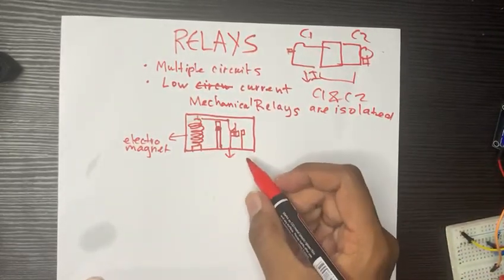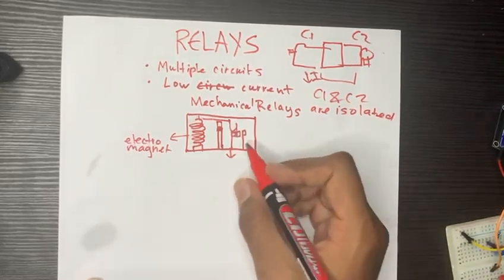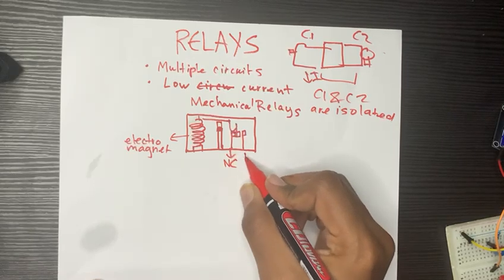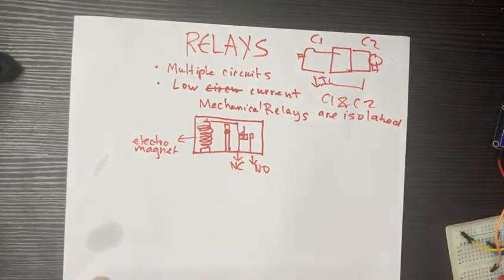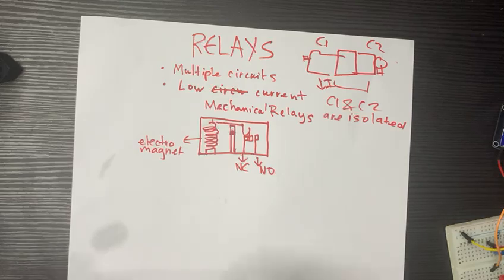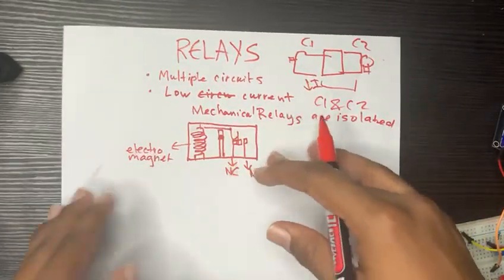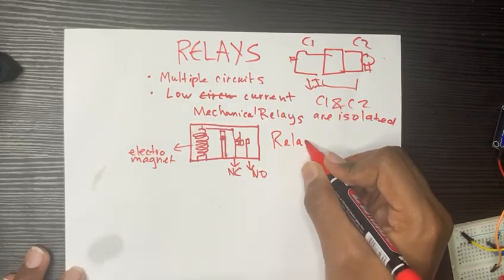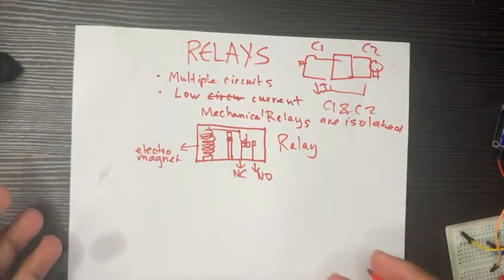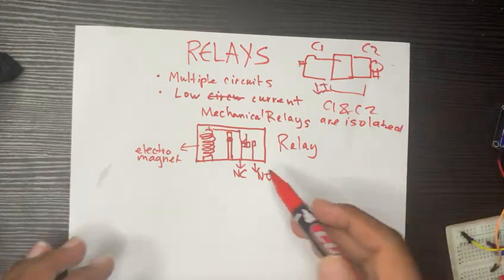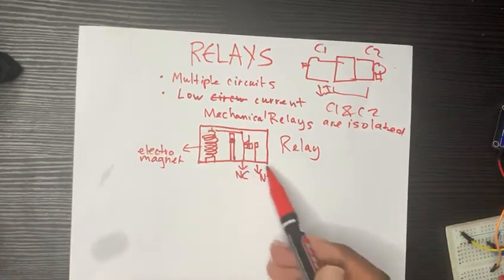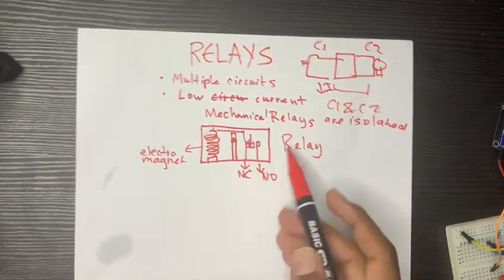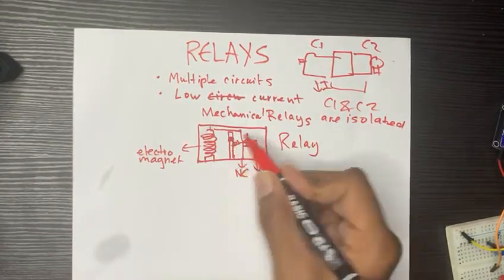So this is one circuit, basically A and B we can call it. So this is normally closed and this is normally open. What it means is that when nothing happens, when the relay is powered and we don't give any input signal, it's just going to stay like this. So this circuit is going to be high. So this is touching. There's also a spring, so it makes sense.